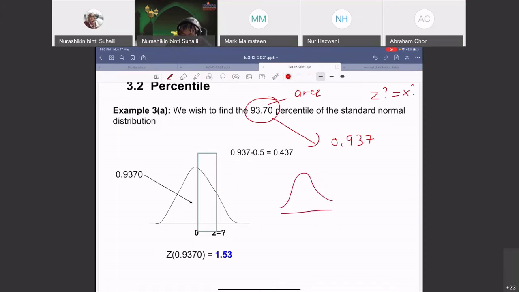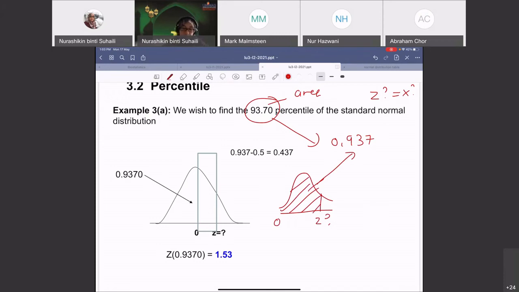Okay, let's find what 0.937 means. If I want to sketch it, it's actually here. You just think logically. So the total area is 1. So if it's 0.9, it's approaching 1. So this is actually 0.937, and you want to find the Z value.